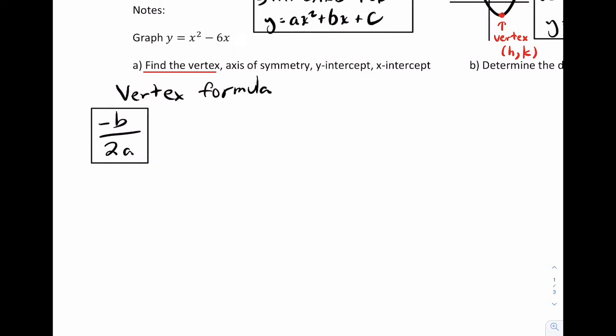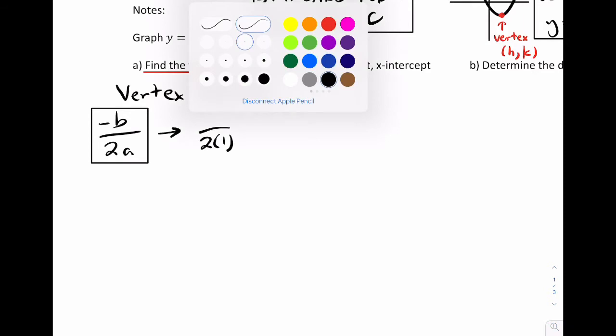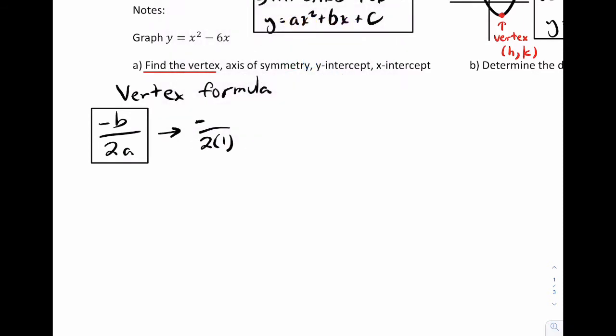So we're going to apply that here. The opposite of b here would be positive 6, because that's the opposite of negative 6, over 2a. So that'd be 2 times 1. If you want to write that out, you just say negative, or opposite, of b, which is negative 6.